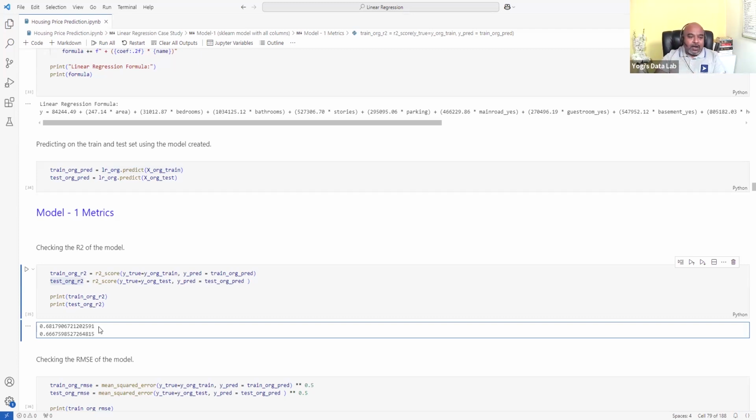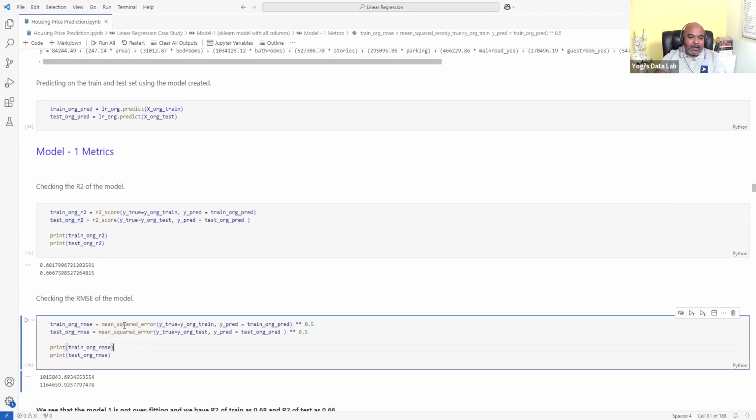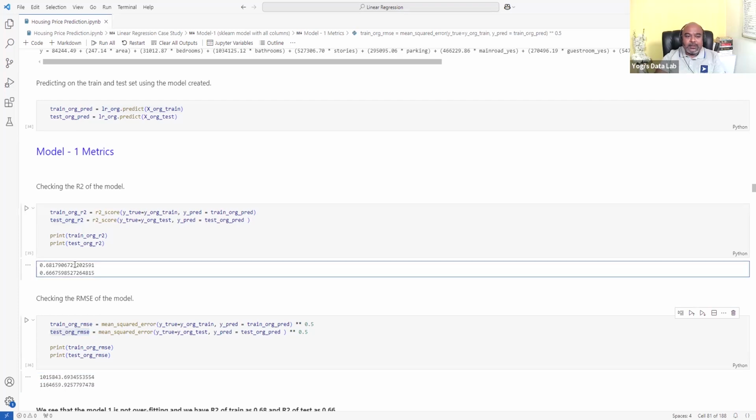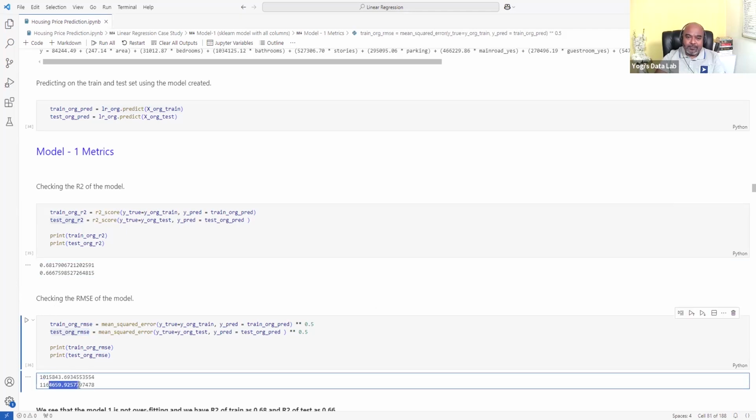Now, when I check for the RMSE, I've calculated the mean squared error and I've taken a square root of that. When I calculate the RMSE, I see that it is very huge, right? It is somewhere around 1 million. This is 1.16 million. So if I'm getting such a decent R square, why is my RMSE so high?